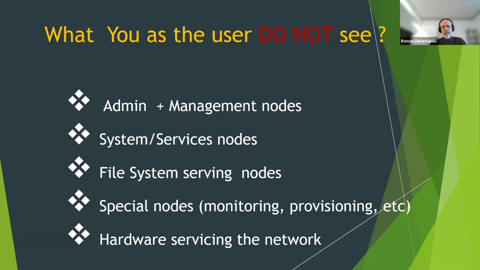You don't see the quantity of hardware which has to work in unison to support access to the files. And of course, there are special nodes reserved for monitoring and provisioning. And obviously, you don't see the hardware which is servicing the network. You don't see the switches, you don't see the cables, you don't see any of that.